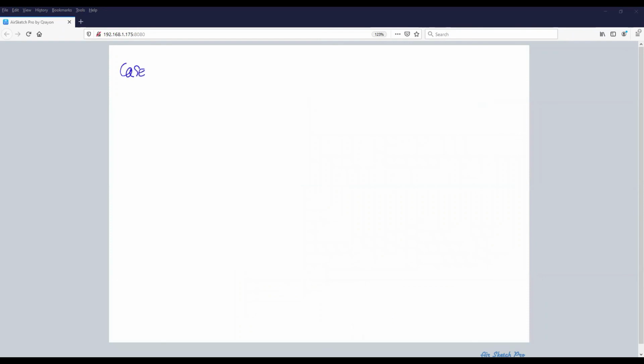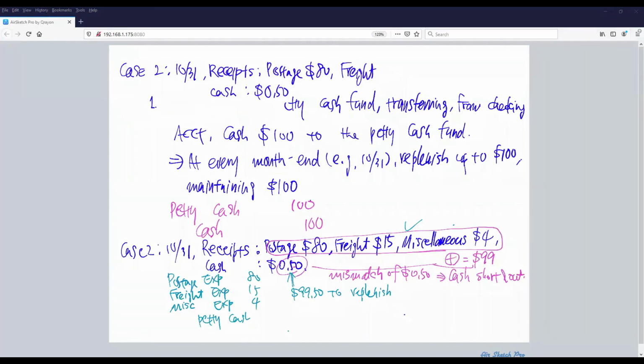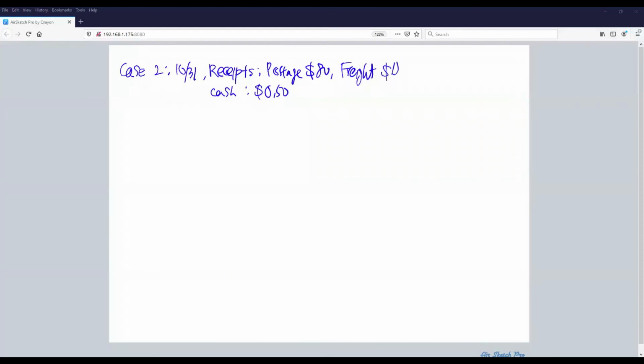Case 2. We've used up $99.50, and receipts show postage 80, freight 15, and miscellaneous, was it 4?